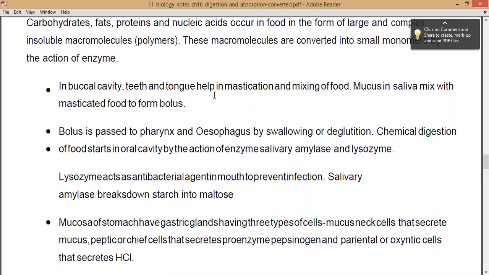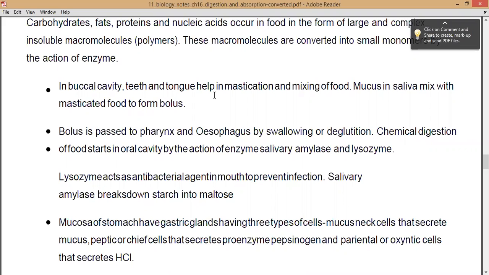The chemical digestion of food starts in the oral cavity by the action of the enzymes salivary amylase and lysozyme. In the oral cavity, chemical digestion starts because of the presence of an enzyme known as salivary amylase.